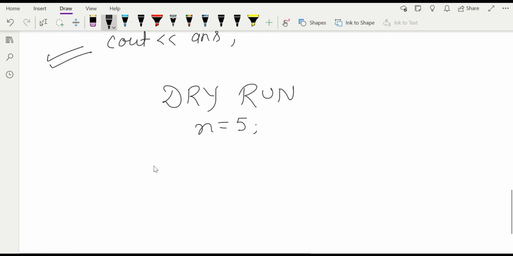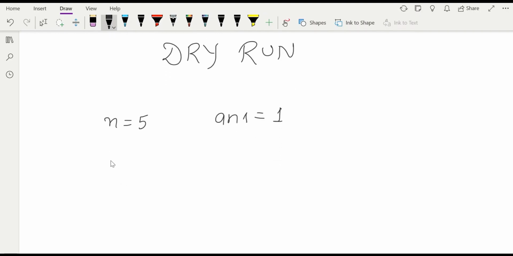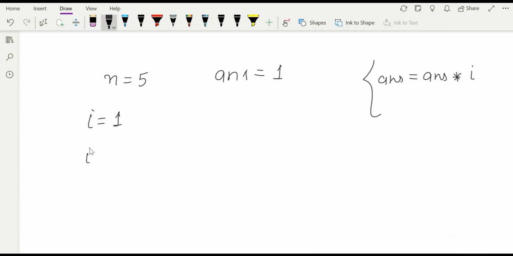Initially I have taken n is equal to 5 and answer is equal to 1. Now I am traversing and doing this operation each time: answer is equal to answer into i. First, for i is equal to 1, and this loop will run for i is equal to 1, 2, 3, then 4, then 5.